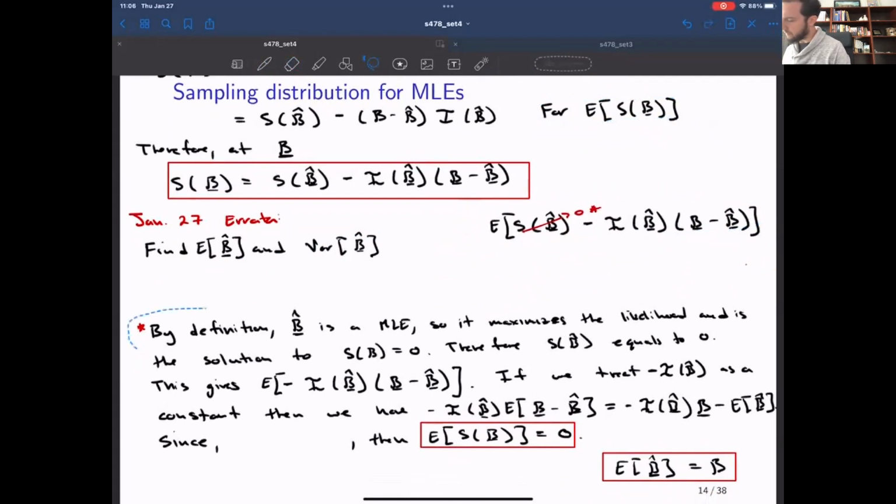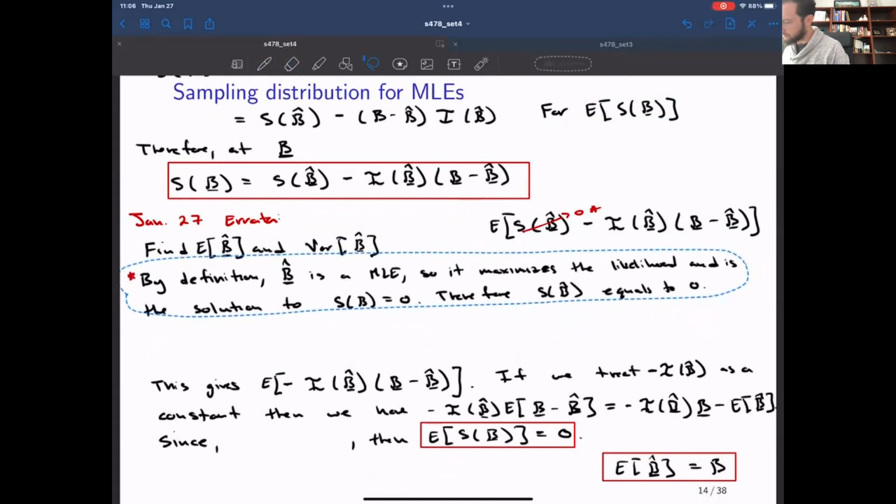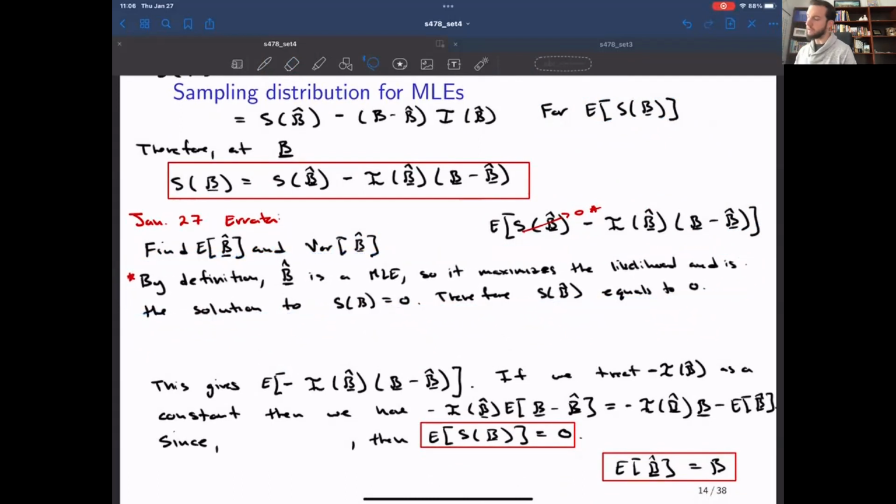Okay, so this part here is true. By definition, beta hat is an MLE. So it maximizes the likelihood and is the solution to S of beta equals 0. Therefore, S of beta hat equals 0.